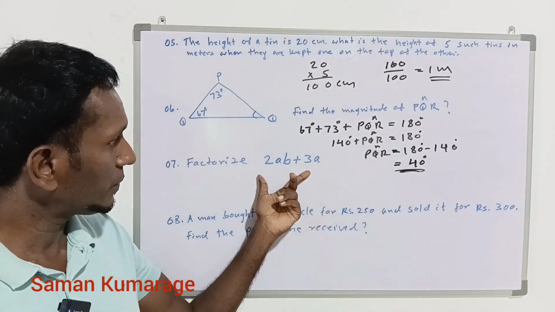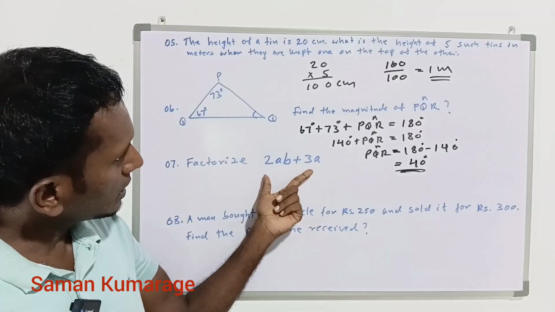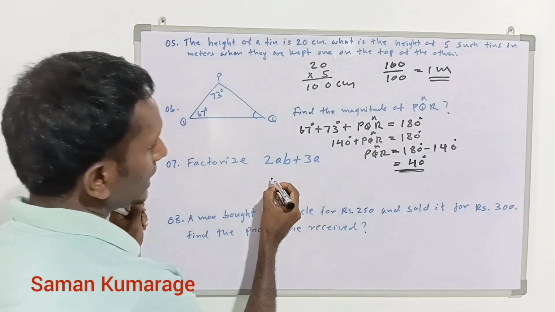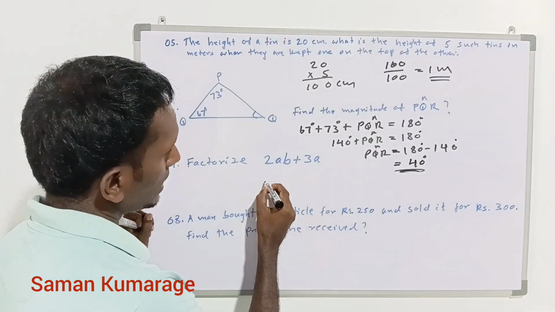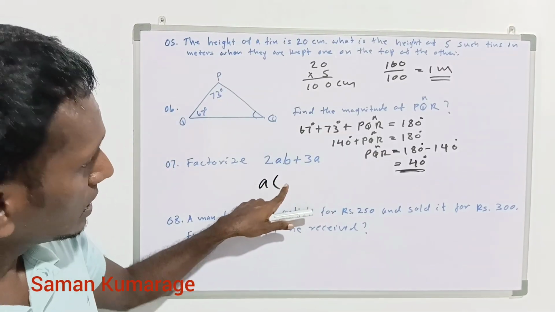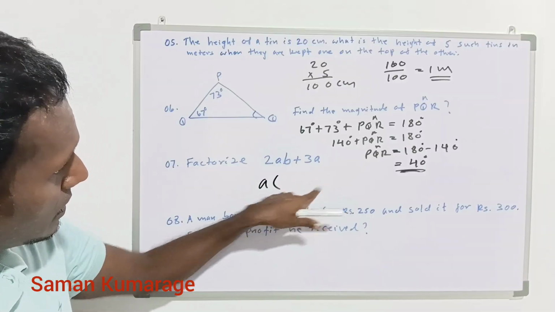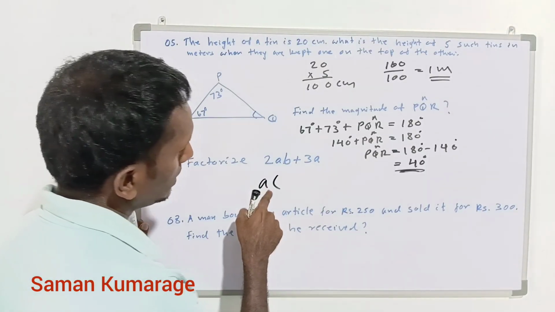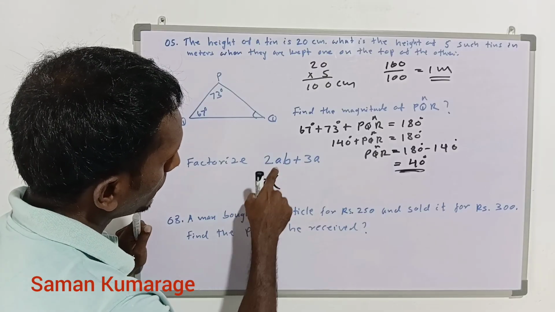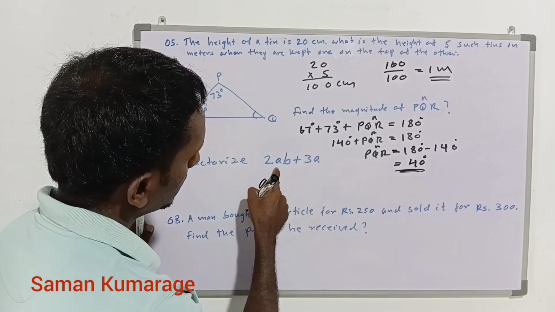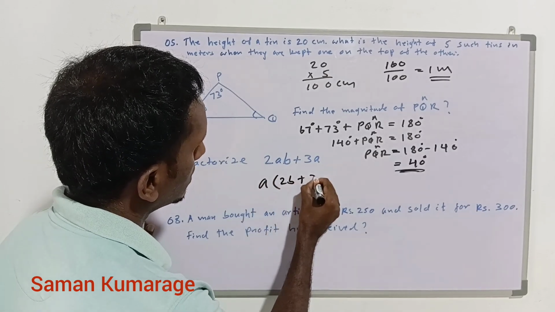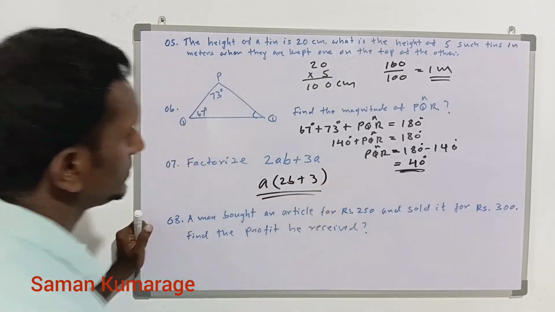The greatest common factor of all these terms is A. So we can write this as a product of A and the divided terms inside the brackets. If you take A out, what is left inside from each term? 2B plus 3. This is the answer.